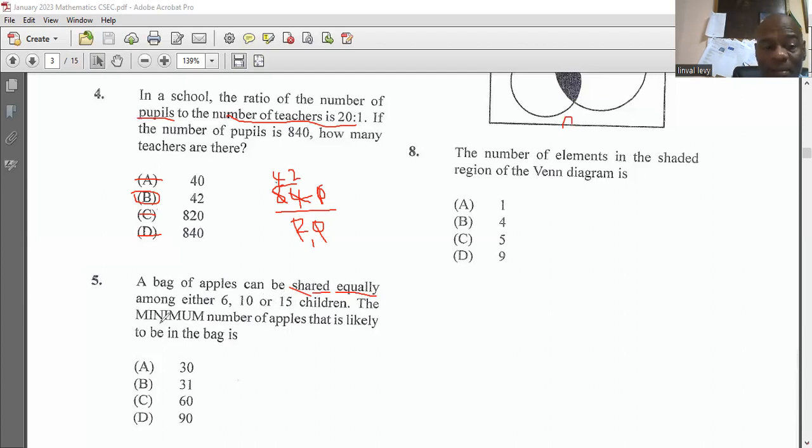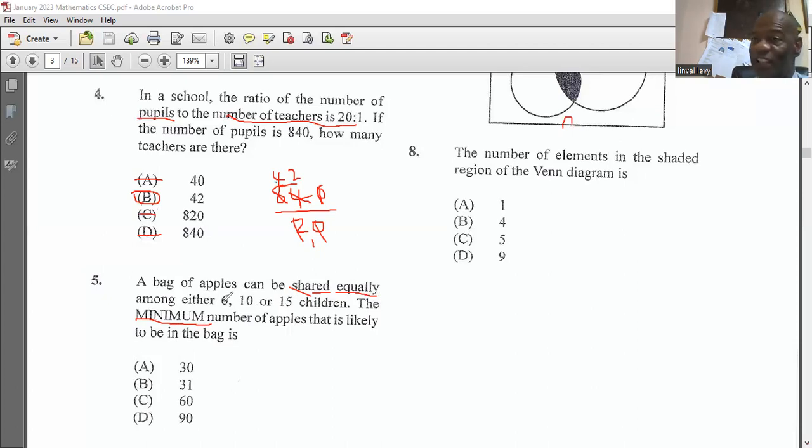And they said the minimum, right? The minimum number of apples that is likely to be in the bag is... Now when I said that you want to find the minimum number of apples that can be in the bag to be shared equally among 6, 10, or 15 children, what do you think they're asking you to find?